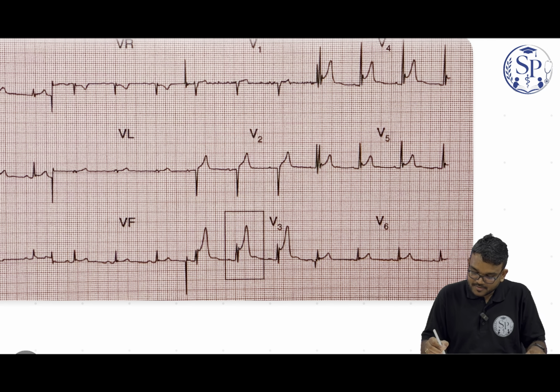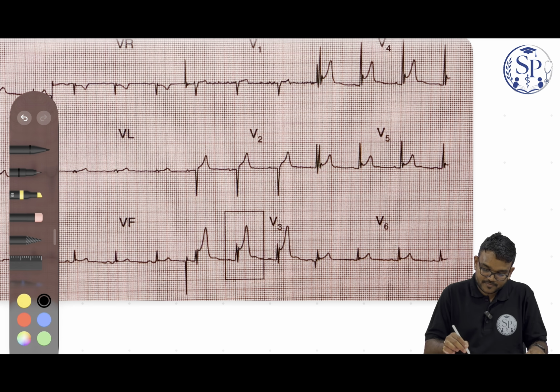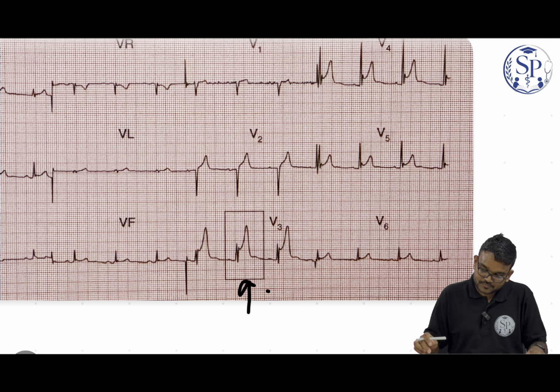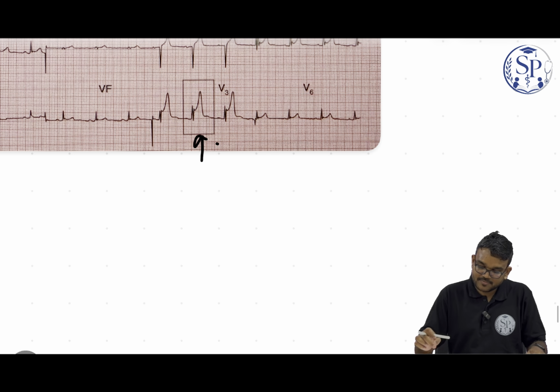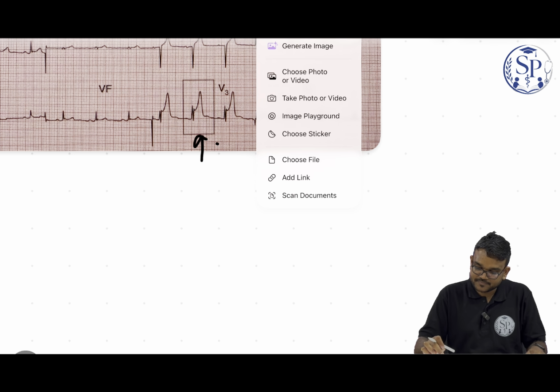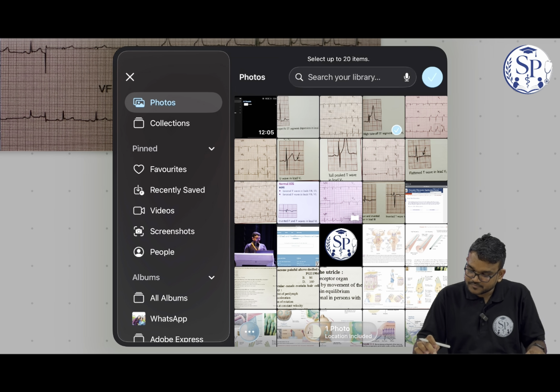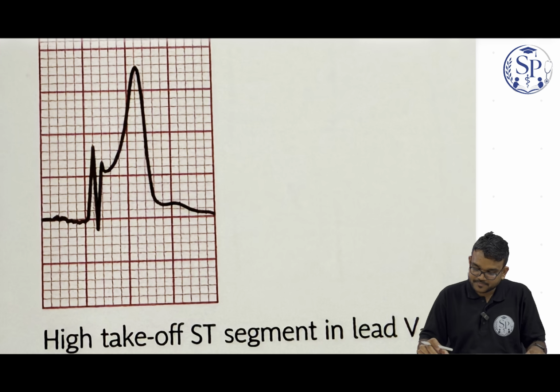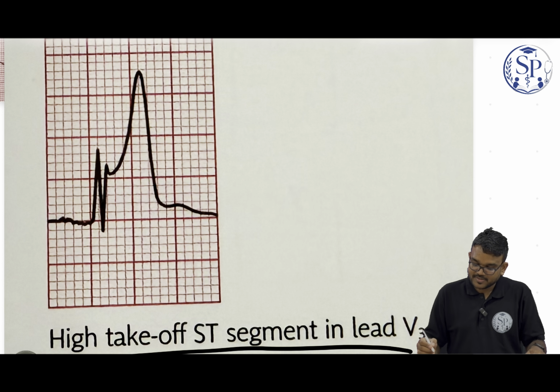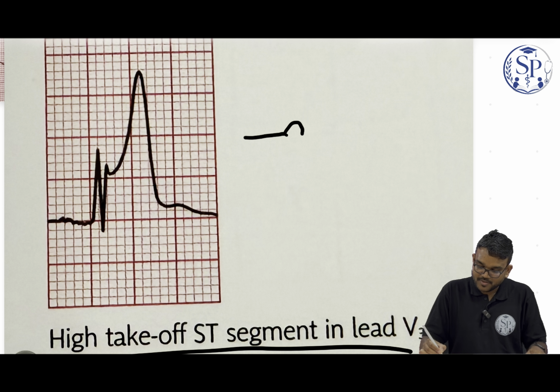In lead V3 you can see high takeoff ST segment elevation. This is a P wave, then QRS complex, then the T wave is seen like this.